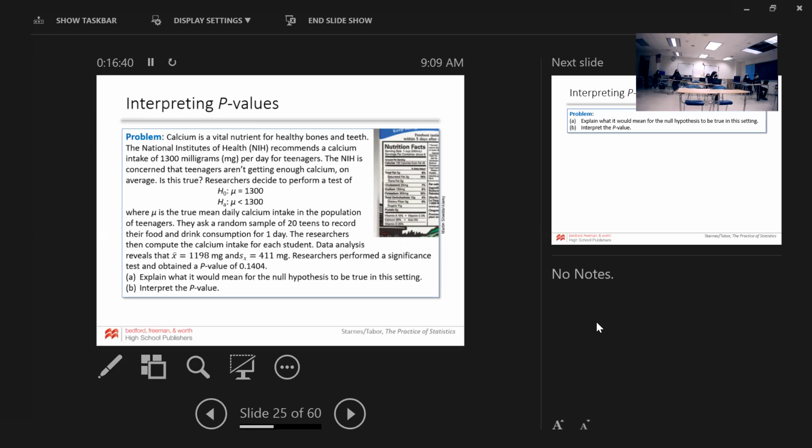Well, we're going to test this. So, here's what we're testing. We got 1198. 1198 is over here. 14% of the area of the curve is there. 1404. So when they did simulations, 14% of the time, if this were true, they got 1198 or less.